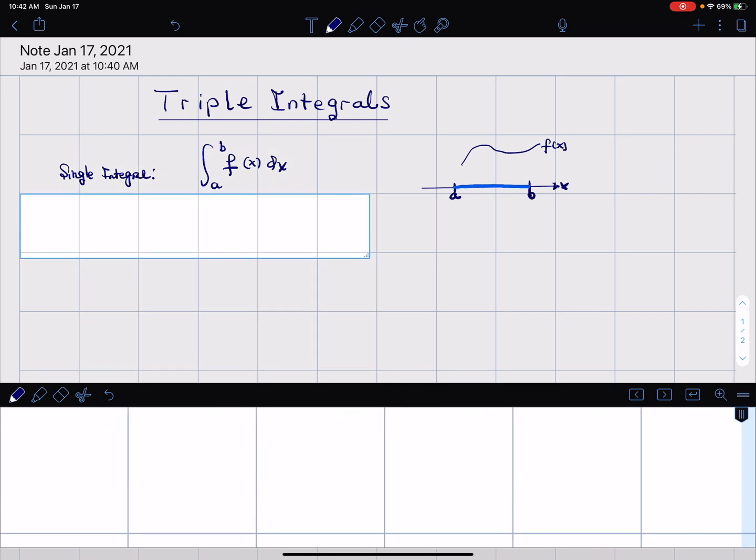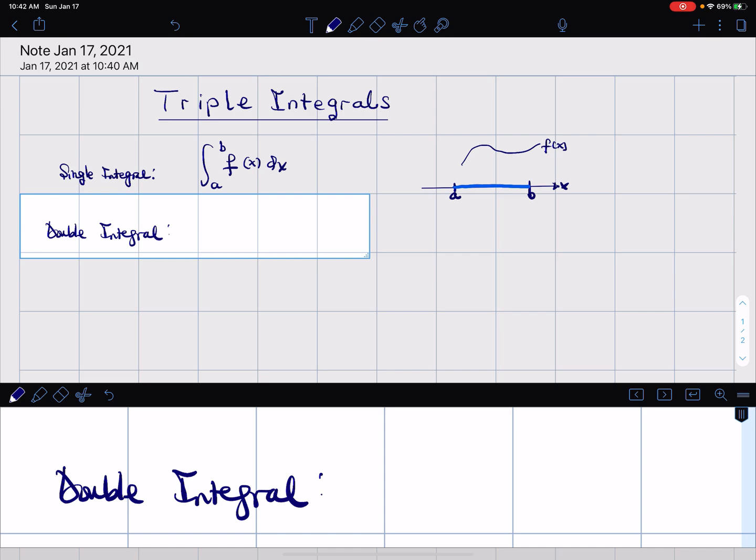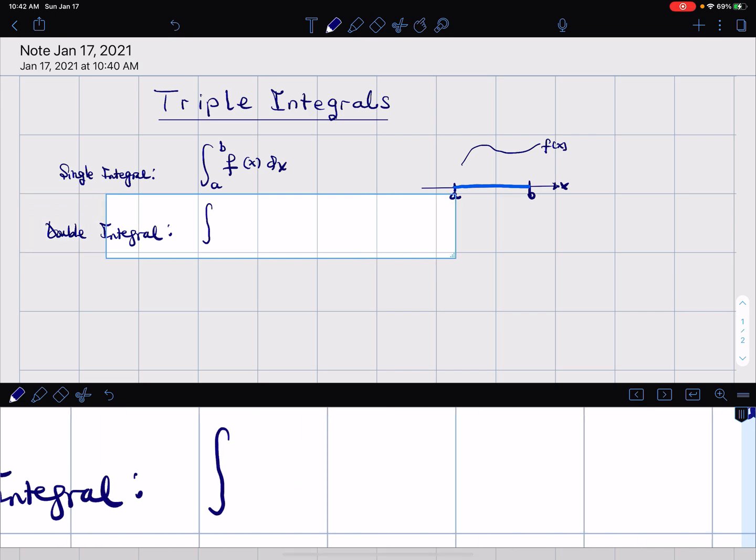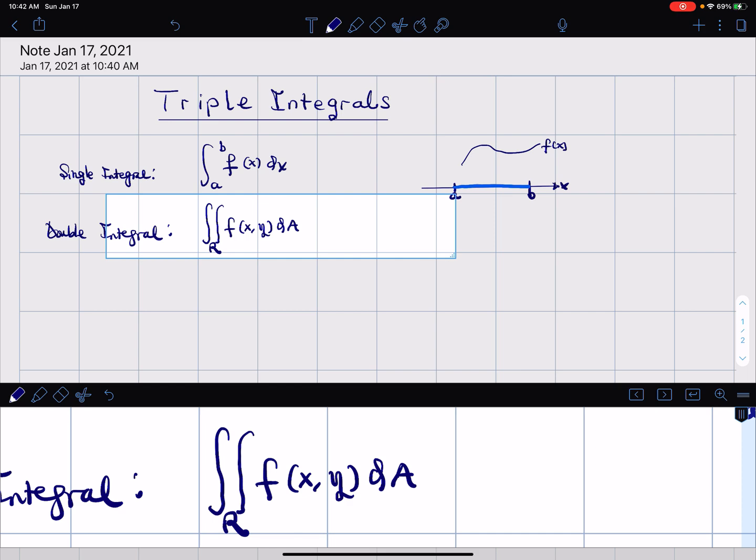Now we looked at the double integral. So we had integration over a region of f of x y dA. A is just a notation.